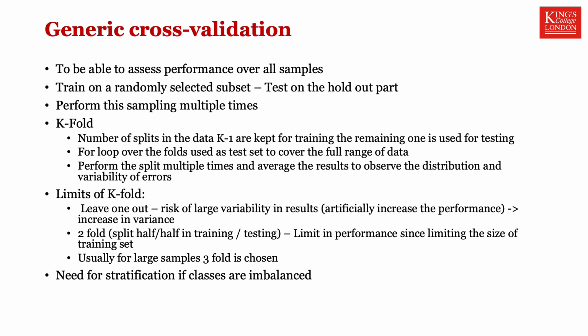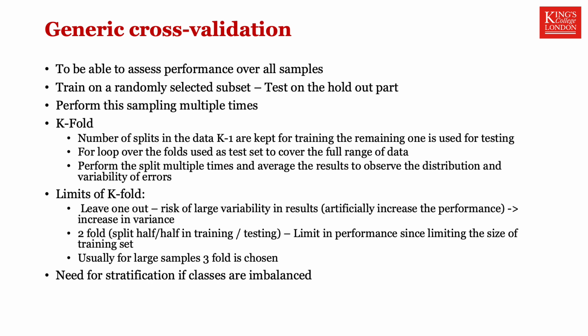So the idea of cross-validation, you have used it in many other situations, and we use that a lot in the course on machine learning for biomedical application. Basically, you split your data in k folds, k subsets.